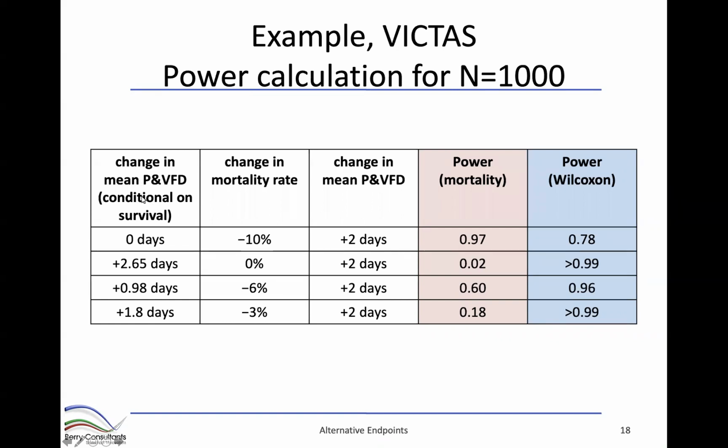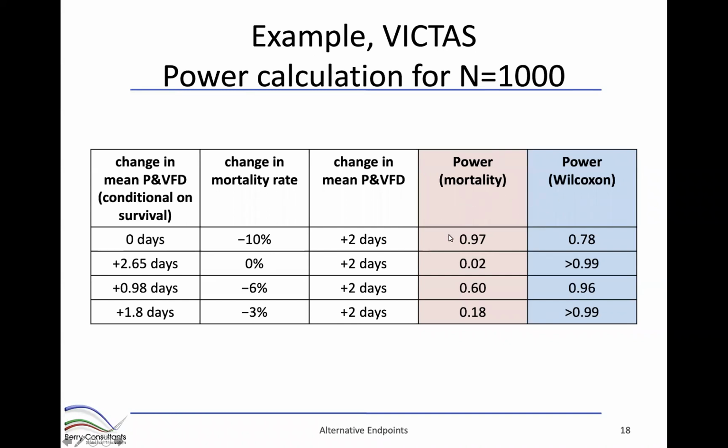This is the difference in the survivors and the change in mortality, and of course, pressor and ventilator free days incorporates both. So if you had no change among the survivors, so you haven't done anything to help the survivors, but you've changed the mortality by 10%, you've dropped it, that corresponds to an average change of +2 days. Obviously, this requires some assumptions on how long people were expected to be on pressors and ventilators.